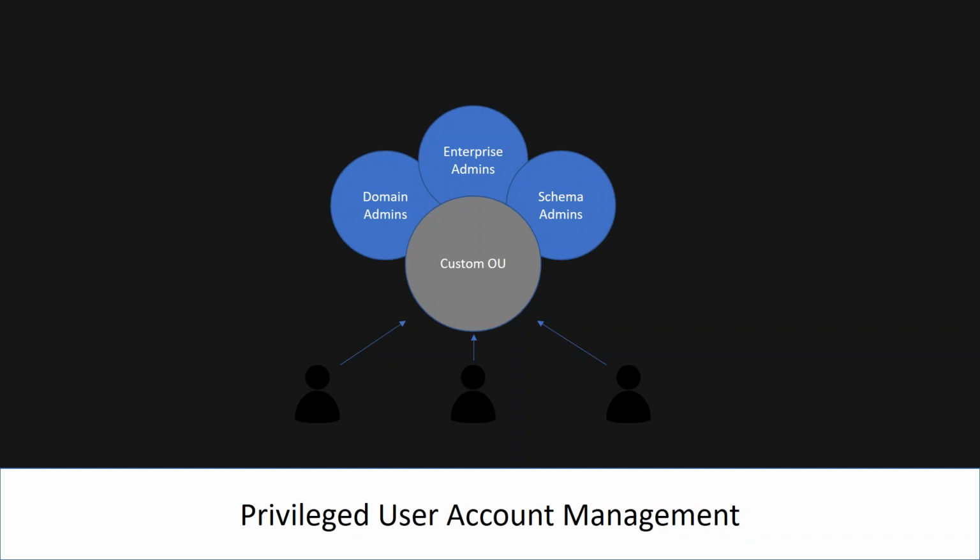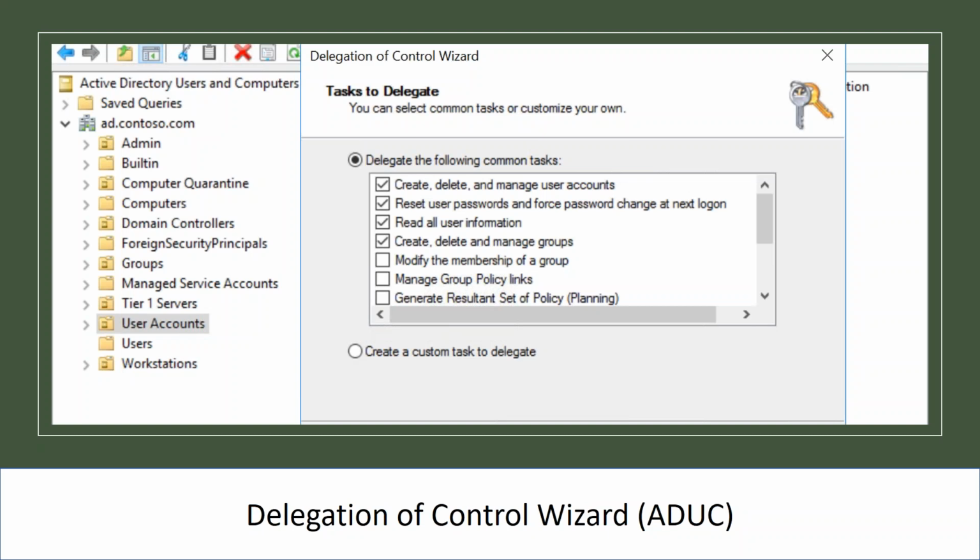So that's one way you can control privileged access to domain controllers and Active Directory. But what about your help desk staff who want to, for instance, reset passwords or create user accounts and do this kind of thing?